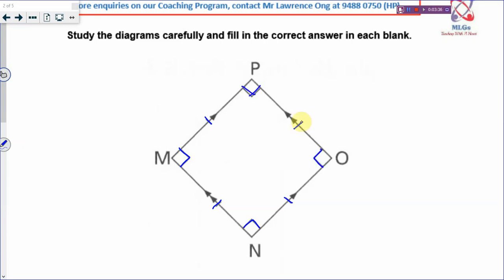They also have 2 pairs of parallel sides. The first pair is represented by 1 arrowhead, and the second pair by 2 arrowheads. Opposite sides are equal in a square, and the square has all equal sides.